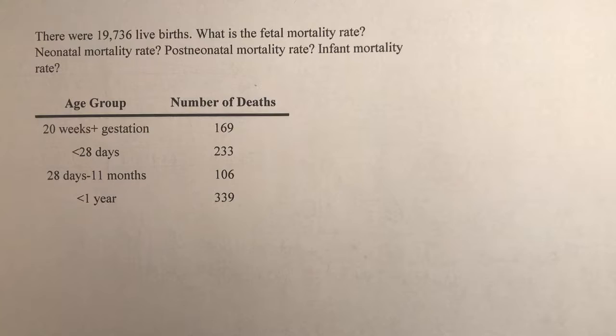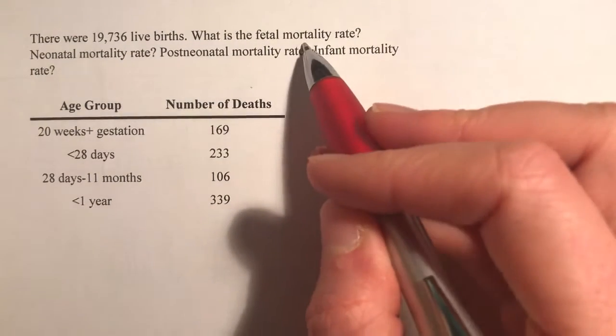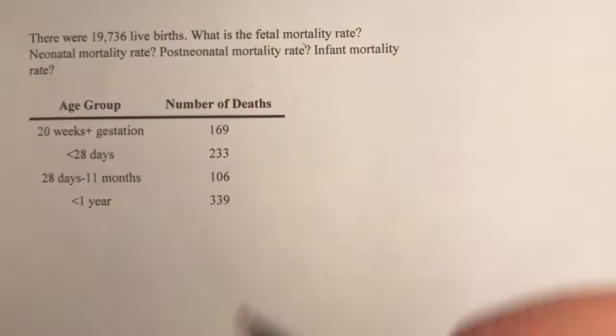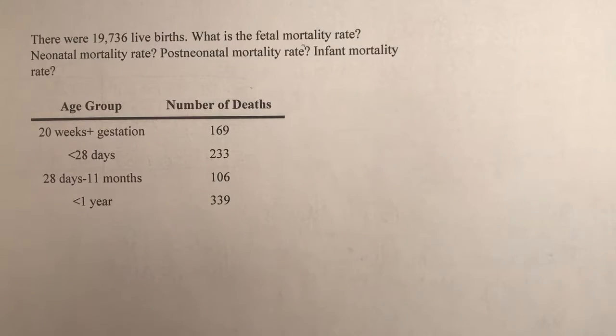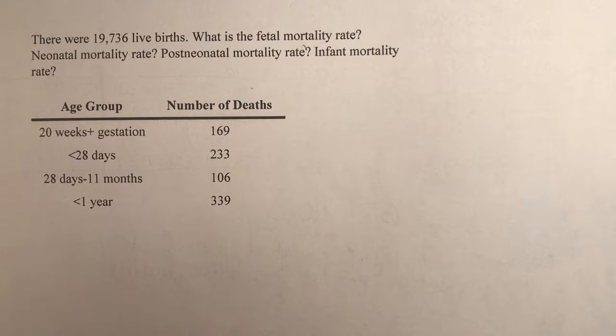Starting with our fetal mortality, since that one's listed first. Fetal mortality is looking at the number of babies who died really before they were born, so fetal death among fetuses at 20 weeks or more of gestation.